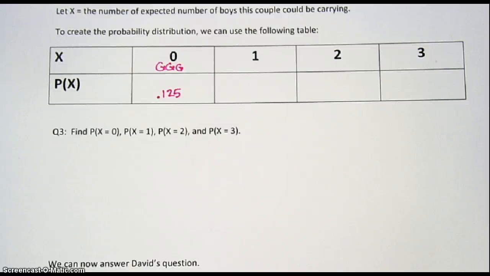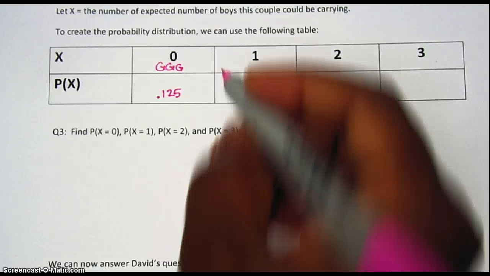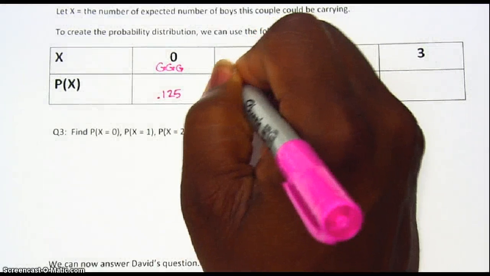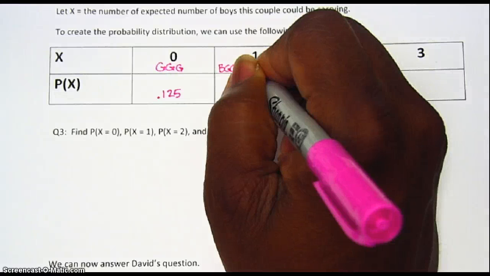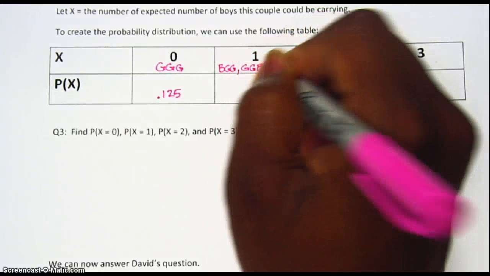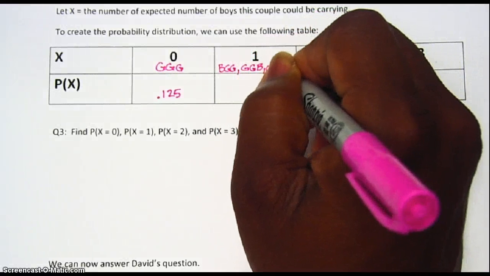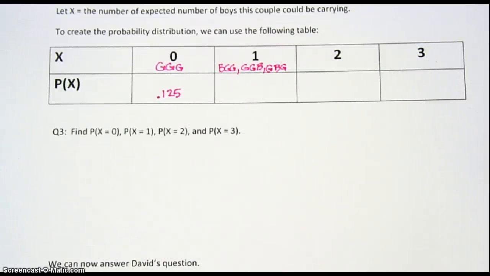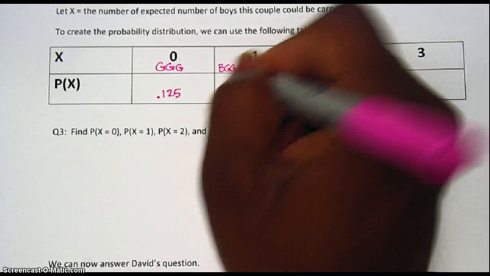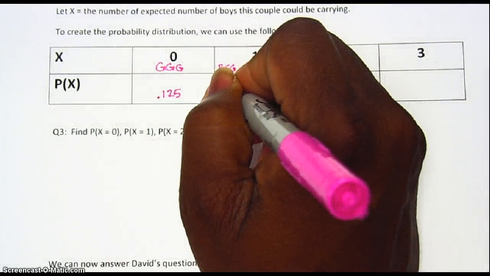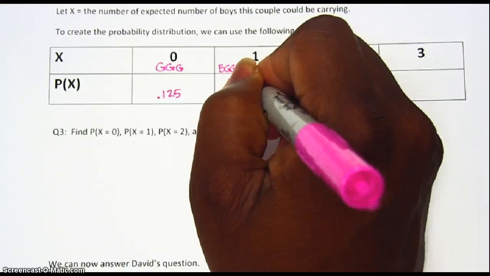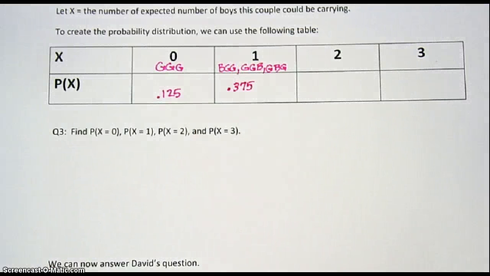The couple will have 1 boy under 3 different conditions. That is, boy, girl, girl; girl, girl, boy; or girl, boy, girl. Each of these has a 0.125 chance of happening. So this is 0.125 times 3, or 0.125 added for each combination. So we have 0.375 as the probability.